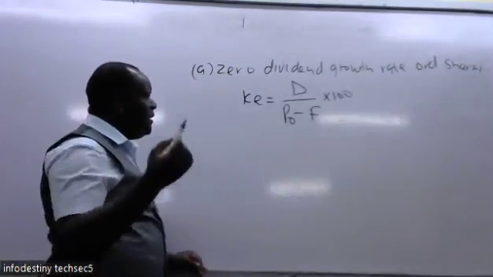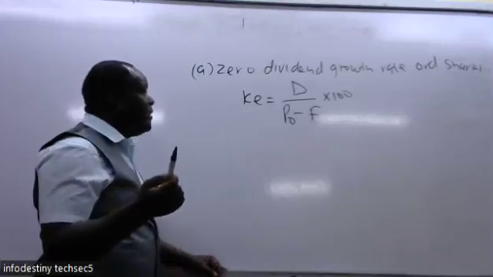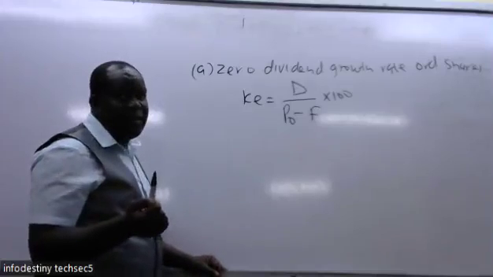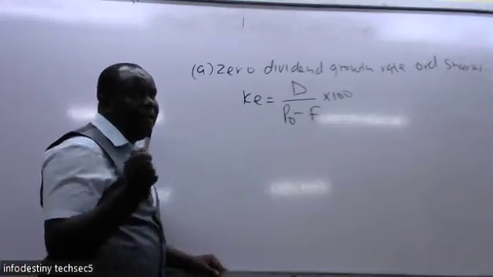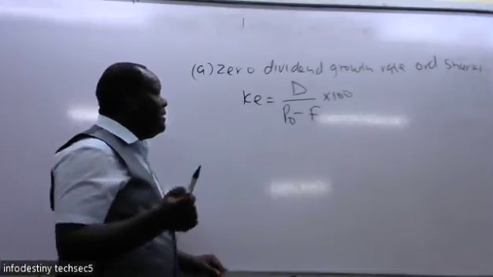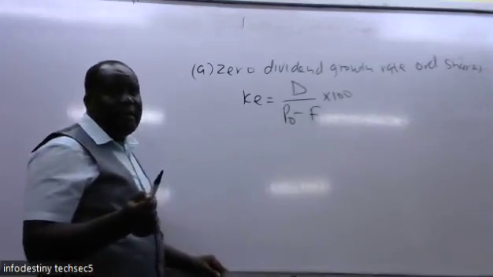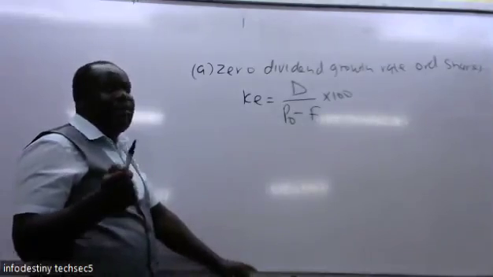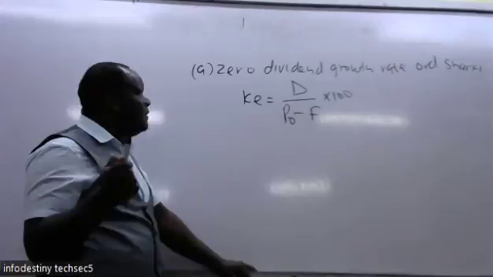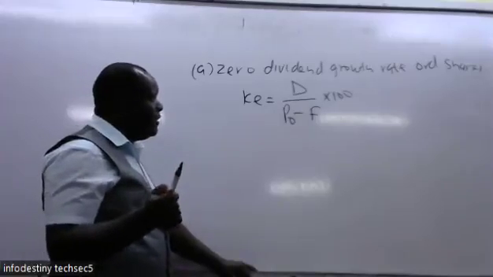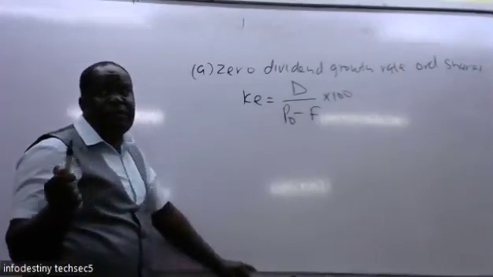So D is the dividend per share. P0 is the current market price per share. F is the flotation cost. So to calculate the cost of the ordinary share when it has zero dividend growth rate, KE represents the cost of the ordinary share.